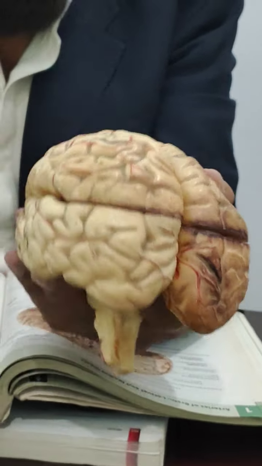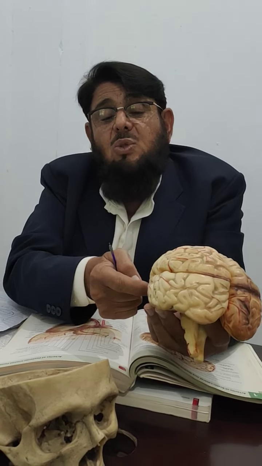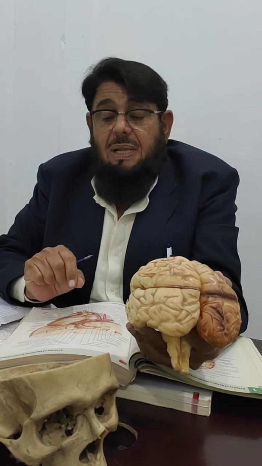So this gyrus and this gyrus do not receive supply from the middle cerebral artery, while this, the insula and the opercula are supplied by it.